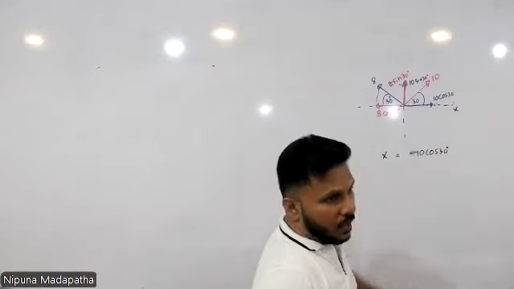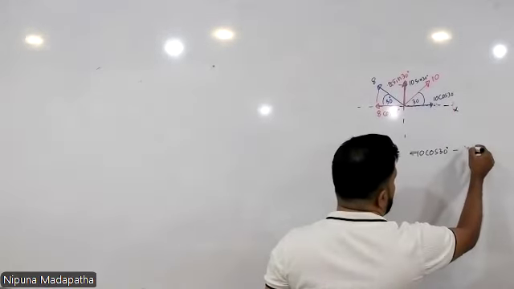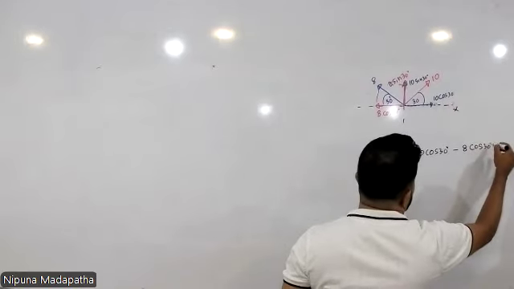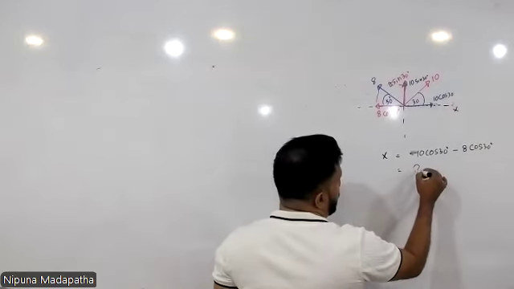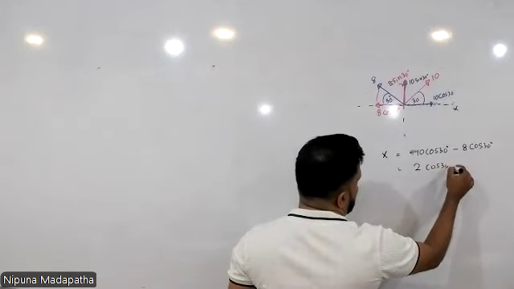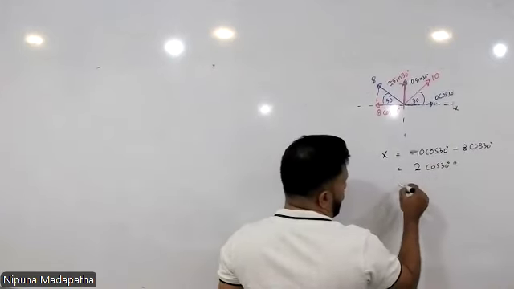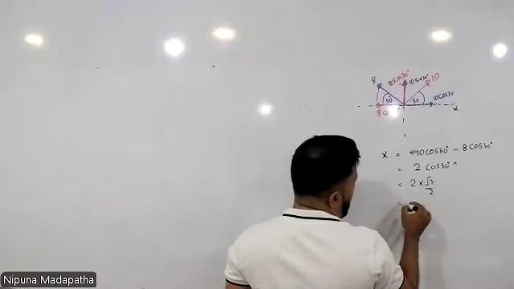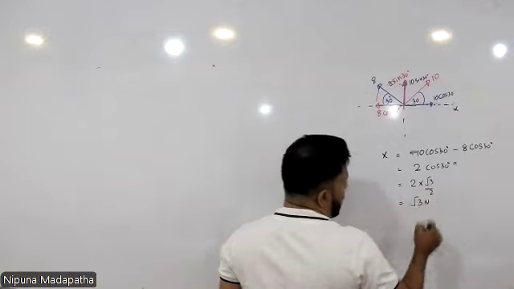It is along the negative direction, so it should be subtracted. The remaining value is 2 cos 30. 2 cos 30 is root 3 over 2, so the final answer is root 3.